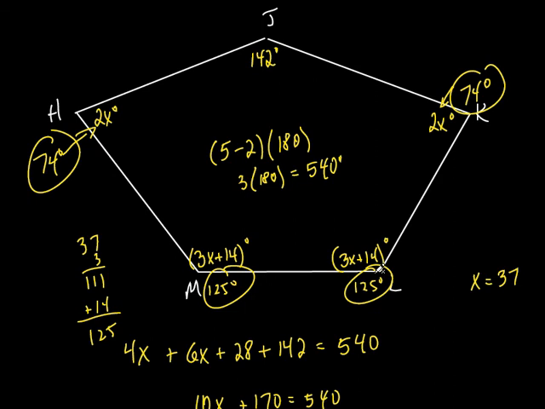Let's do... did they do... Do they do regular polygons on this one, or do they wait to the next section? They must. I don't see where they mention it.